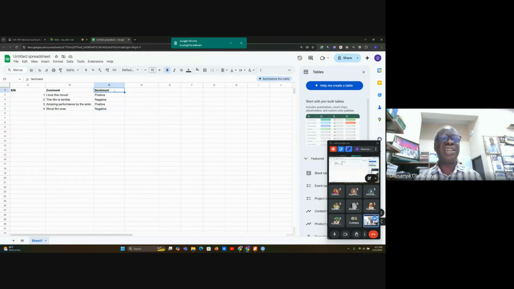Now we can regard the sentiment here as our y, which is our dependent variable, because this sentiment depends on the comment. So we can regard this as x.